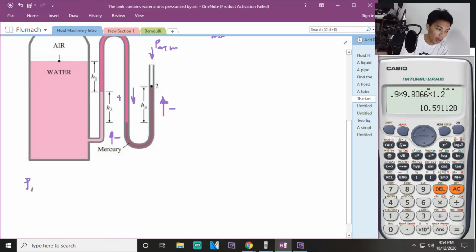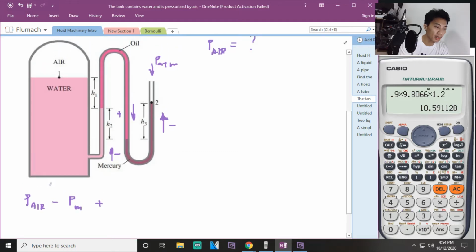So, P air, ang aakyat, so that is negative, pressure to sa mercury. Minus, pababa o pataas? Pababa. So, that's plus. Anong sunod dyan? H1, H2, di pa mercury to, water muna pala. H2O.